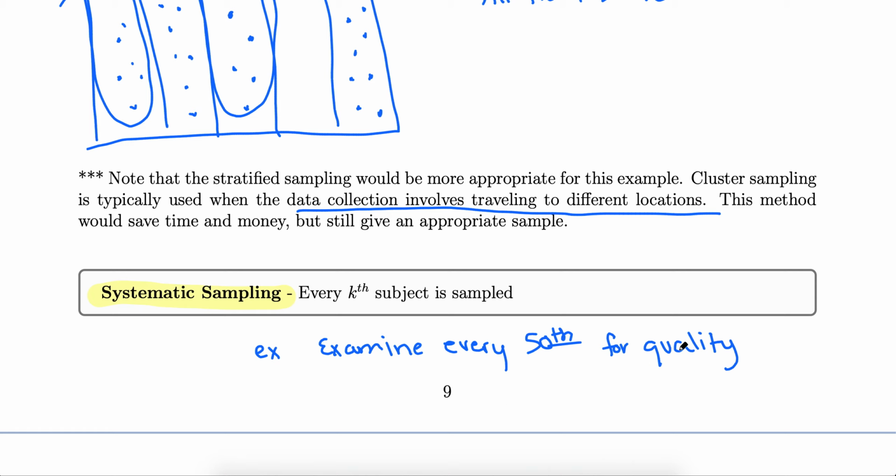You might examine every 10th or survey every 10th person that walks by about their favorite food, whatever. So that's systematic sampling. So you've seen 3 variations on that simple random sampling process.